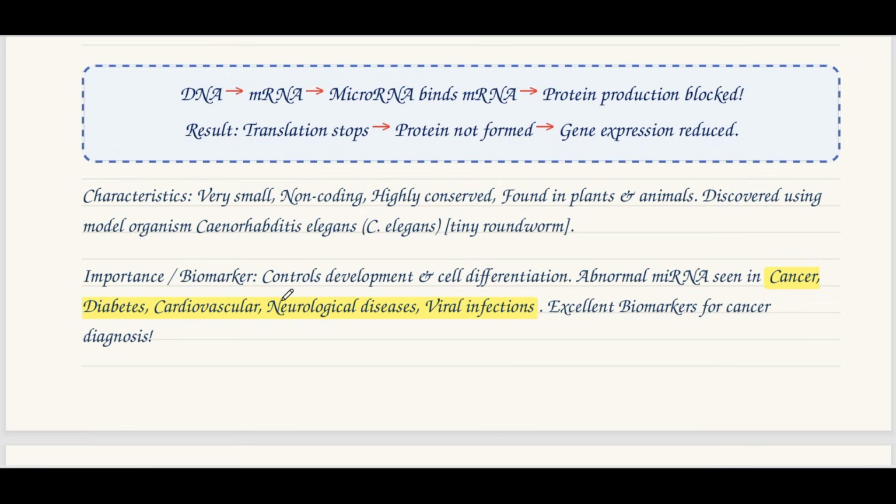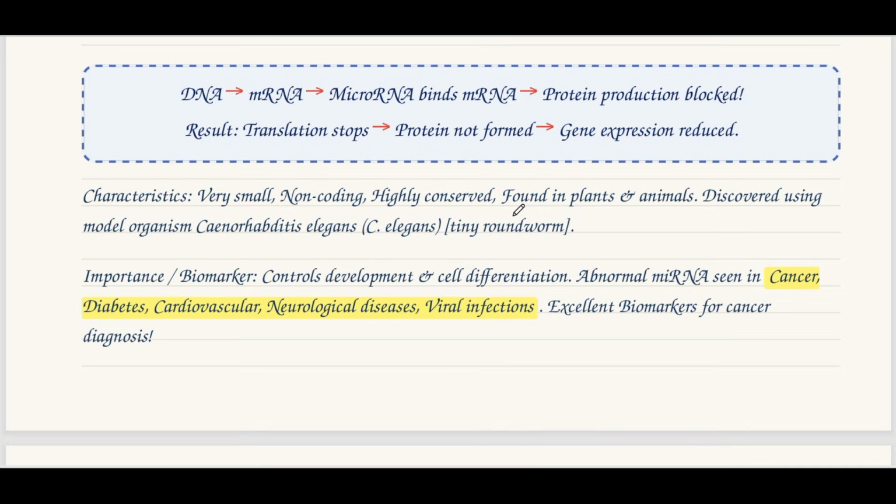Importance: biomarker, and it controls development and cell differentiation. Development and cell differentiation it will control because it is binding, and it will not enable the formation of protein in the body. Just try to assume that in our body protein is not formed. Protein is a very important nutrient for us, right?